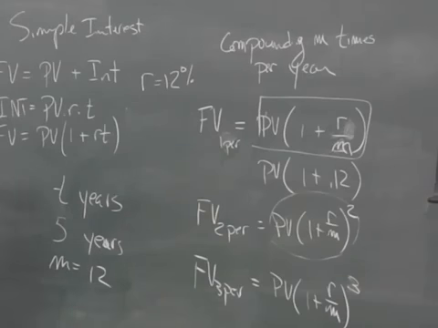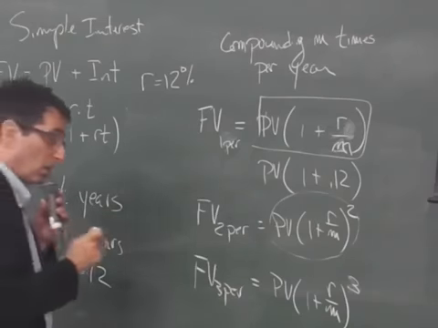So how many periods am I going to go through? 12 in the first year, but how many in 5 years? 5 times 12, right? What is 5 times 12? 60, right?